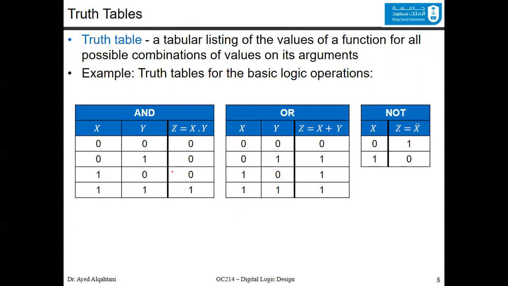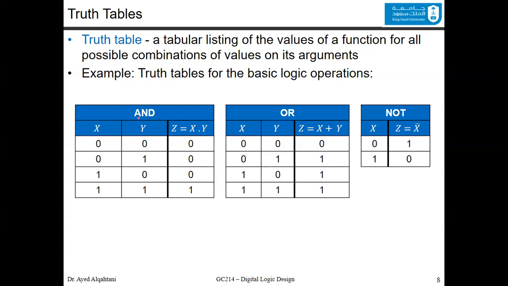To define the same thing in an organized way, we use a truth table, which is a tabular listing of the values of a function for all possible combinations of values on its arguments. These are the three basic operators in the form of truth tables.